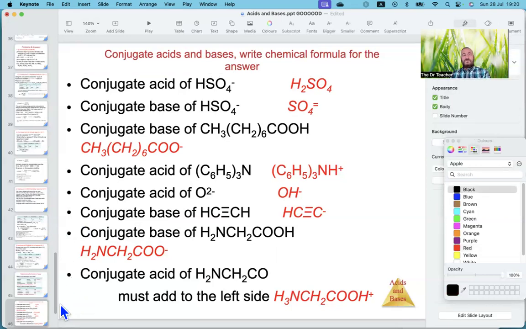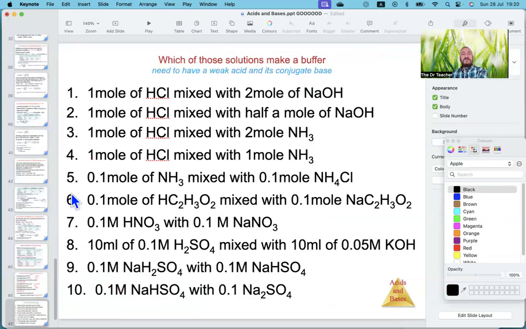And now we have here a practice: 1 mole of HCl mixed with 2 mole of NaOH. So which of these solutions make a buffer? You remember what a buffer means? A buffer maintains the pH of a solution when you add a little bit of weak acid or weak base.